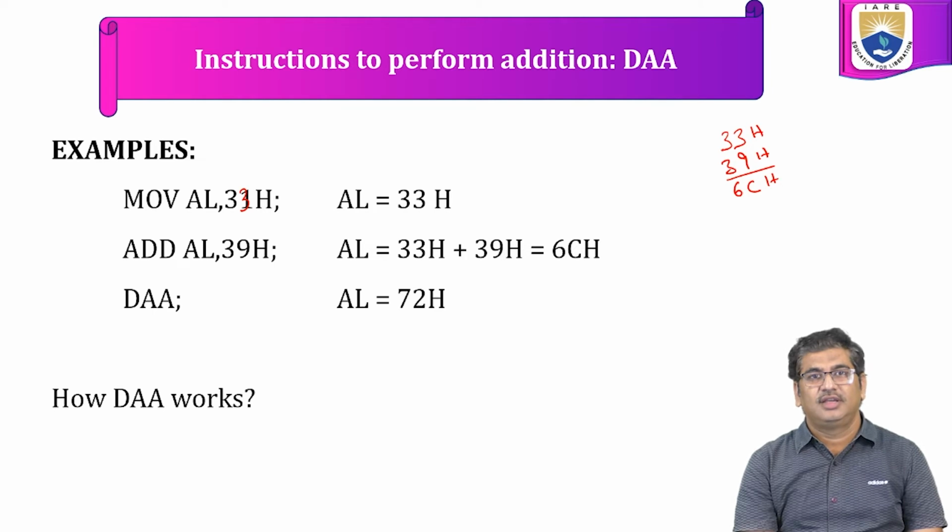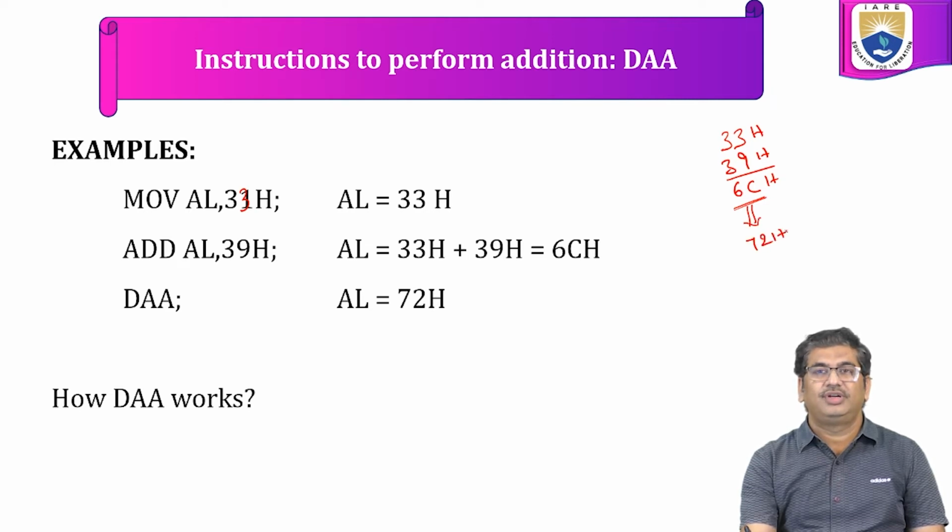So after addition we are going to get the AL register content equivalent to 6CH. After performing the DAA instruction, decimal adjust after addition, the AL register contents, that is 6CH, will be converted into 72H.